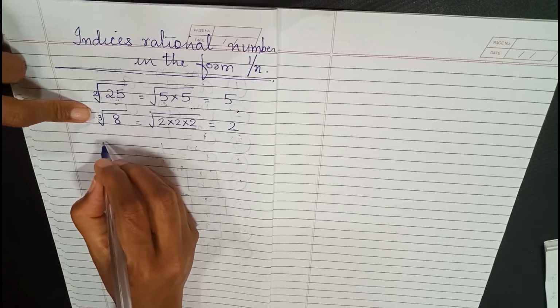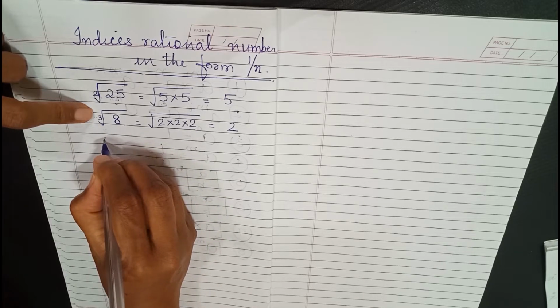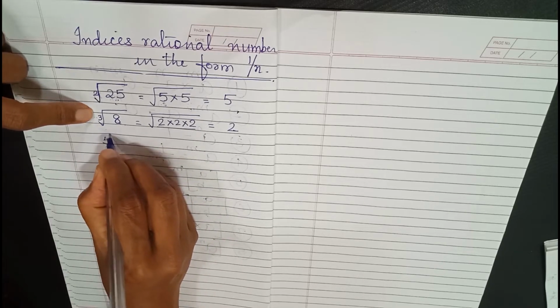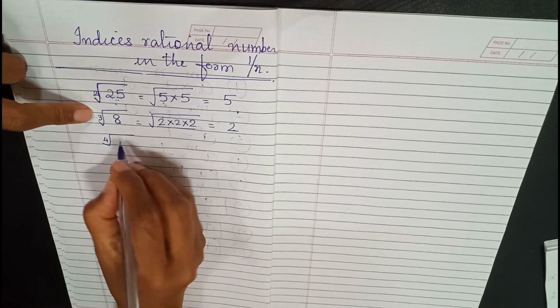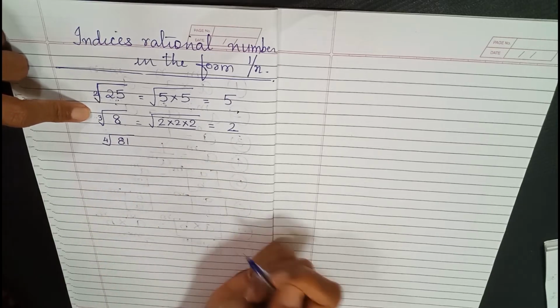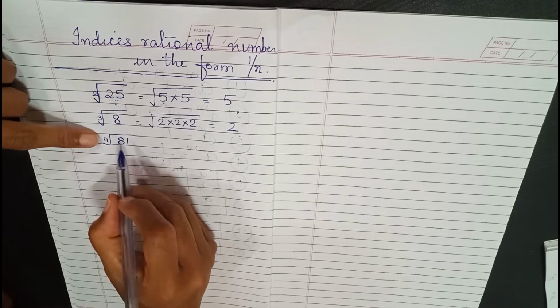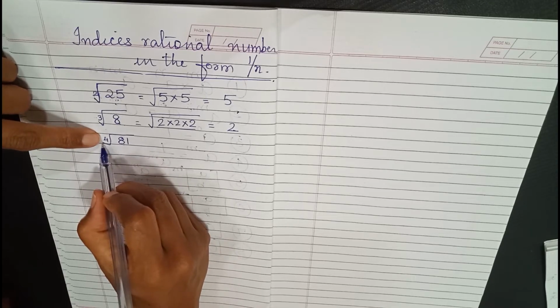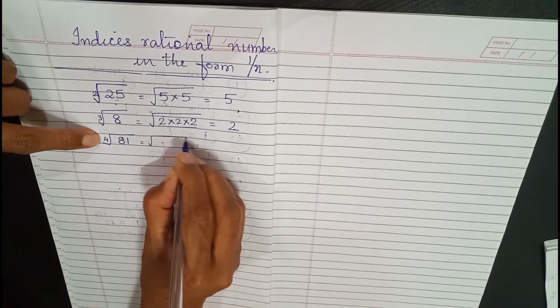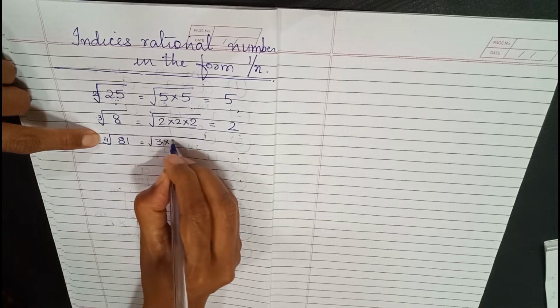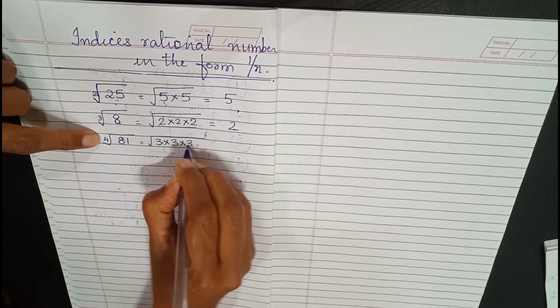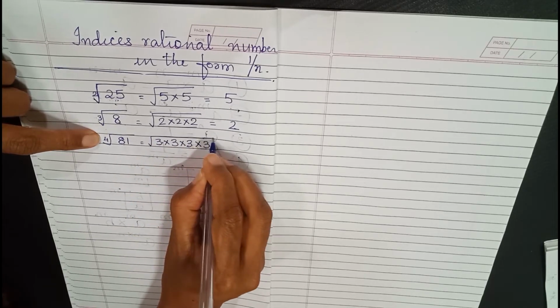Similarly, let's say, for example, I want to find out the fourth root of 81. What does it mean? That I should divide 81 into 4 equal parts. So you know, 3 into 3 is 9, 9 3s are 27, 27 into 3 is 81.